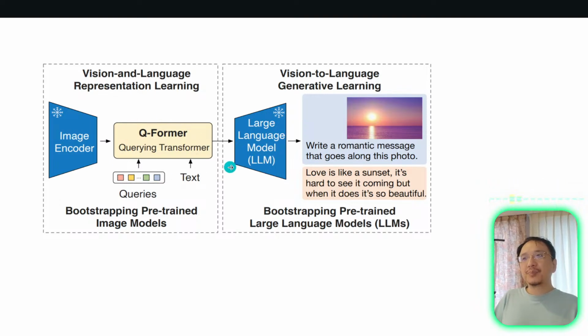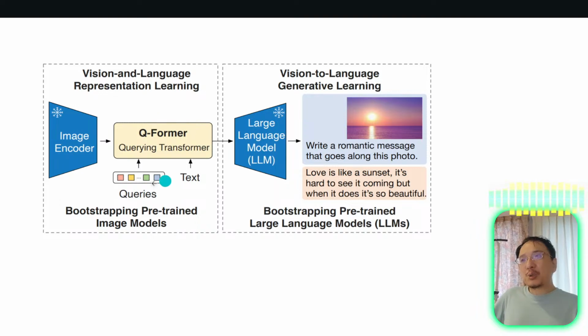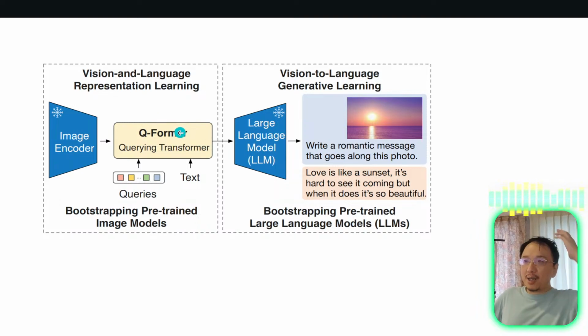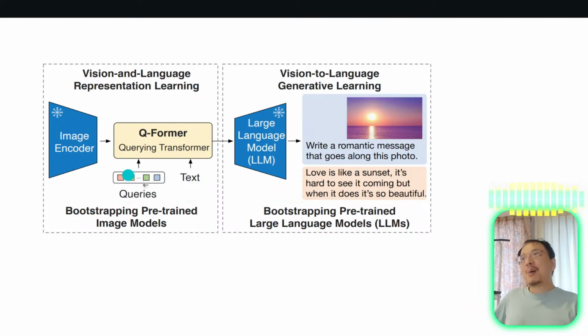The more abstract, overview way is that by freezing the image encoder and the large language model, the Q-Former is the transformer that takes a query and the text and the images as conditions.